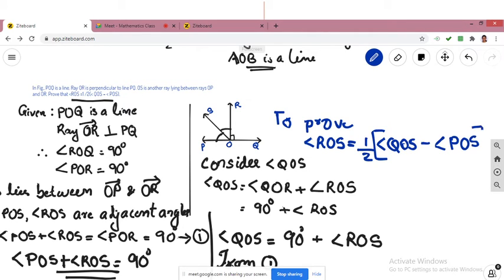So now consider, Vasanta, if we substitute angle ROS, what happens?